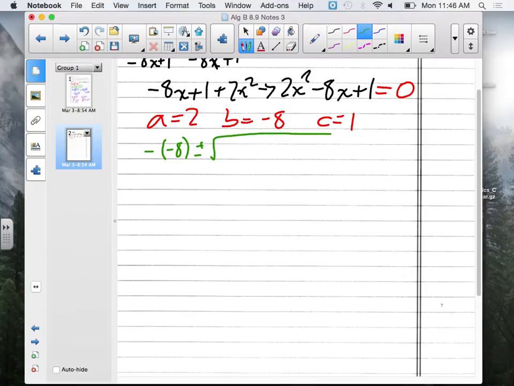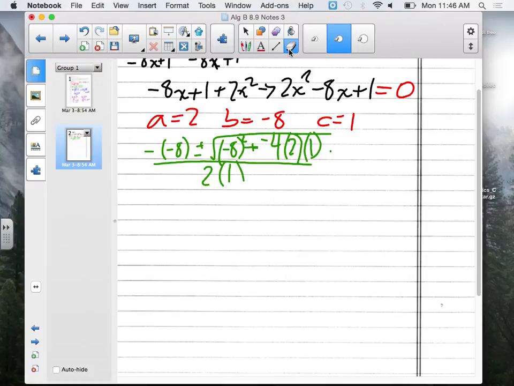Negative b, plus or minus the square root of b squared minus 4 times a times c, all over 2 times a. Negative 4 times 2 times 1, and 2 times 1 at the bottom. There you go.